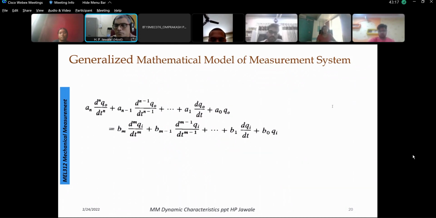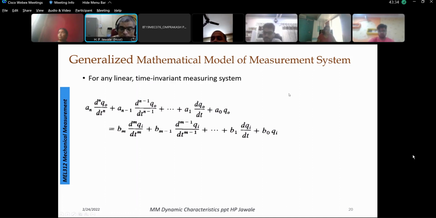The generalized mathematical model of the system must be formulated, and then the equation can be given as a linear equation for the time variant measurement system, with all the output parameters on one side and the input parameters on the other side.